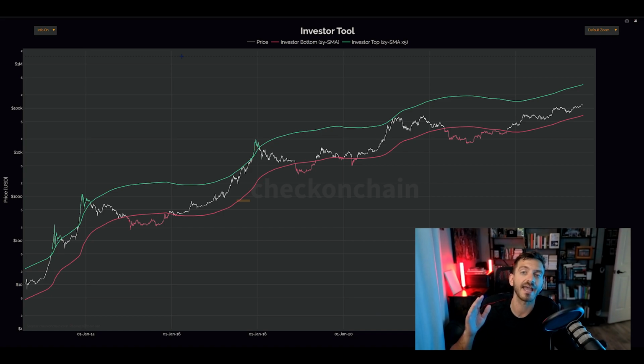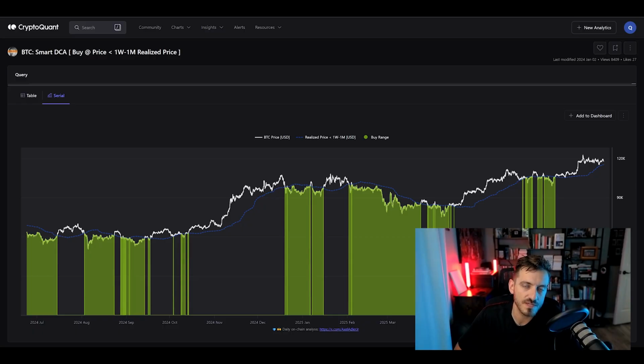The alpha here will decay. You can see in the last cycle, we never actually breached the SMA times 5. We just kind of touched it, but we have gone under it in every single bear market. Your buy zones would be here under the red line. Your sell zones would be here above the green line. Pretty simple, nothing too crazy. Let's go on to the next section.